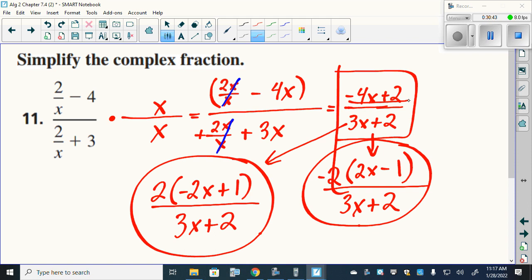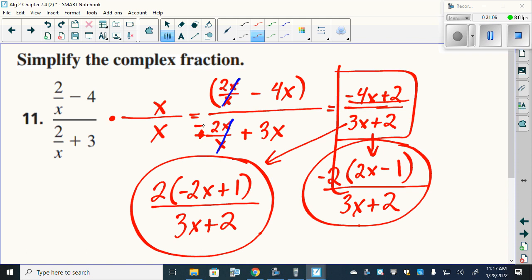Because I just reordered them. It would be if this was a negative 2 over x. Because the sign in front of it is positive, or really there is no sign. It's understood to be positive. Because here, it's really saying that we have 2 plus 3x, which would be the same as 3x plus 2, because they're both positive. Does that kind of make sense?